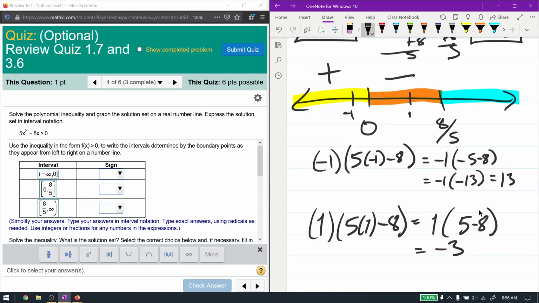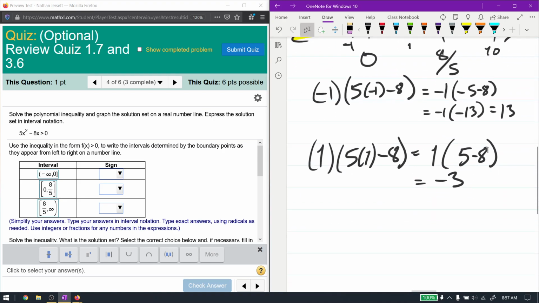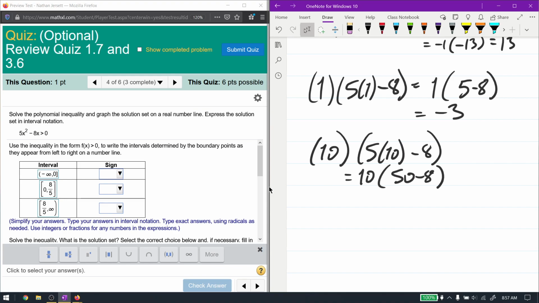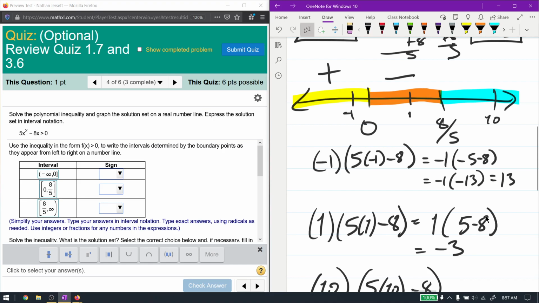And finally, we can test something like 10, in this blue interval. Testing 10, we get 10 times (5 times 10 minus 8), which is 10 times (50 minus 8). That's going to be positive, because 50 minus 8 is not negative, and positive times positive is positive.